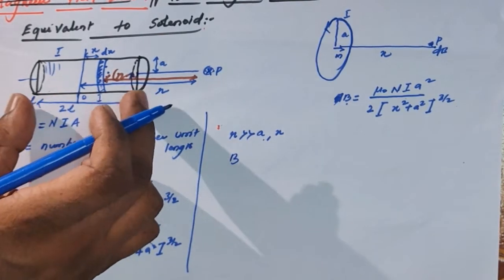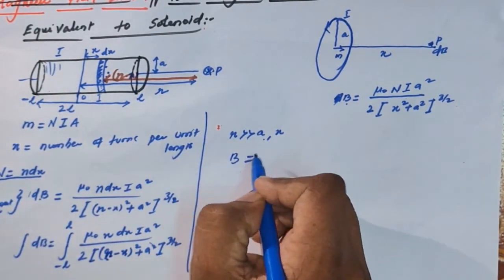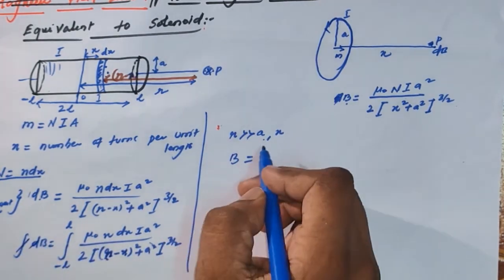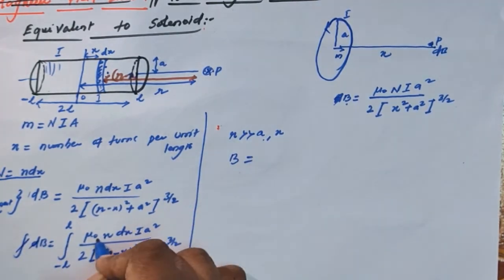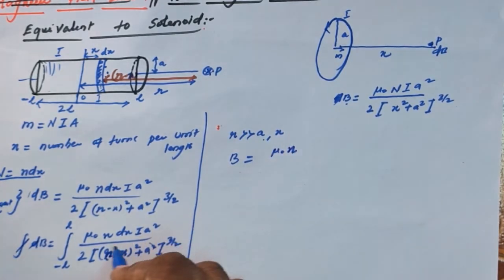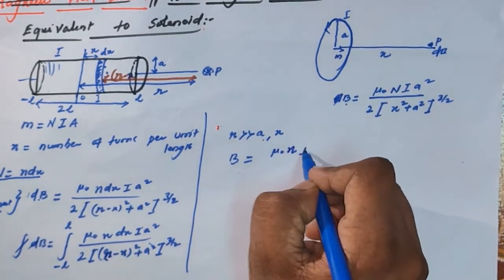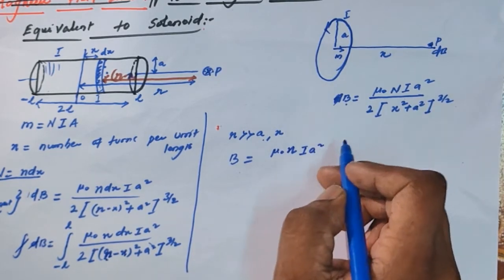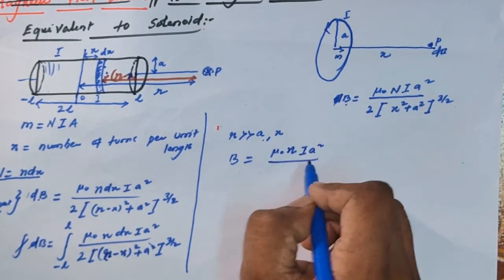Hence, if you integrate the left hand side, the net magnetic field due to the whole solenoid of length 2L, the integration will give B. On the right hand side, take the constants outside: mu naught, n times I a square, and the denominator 2.